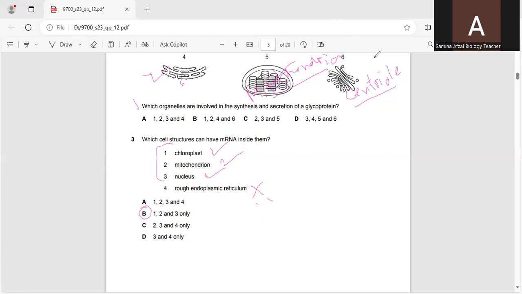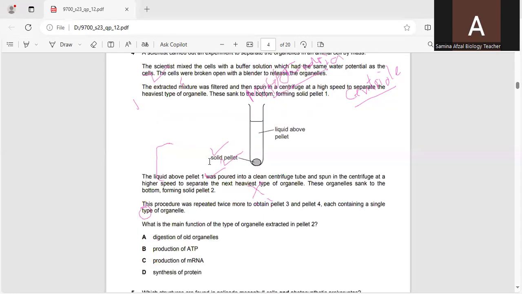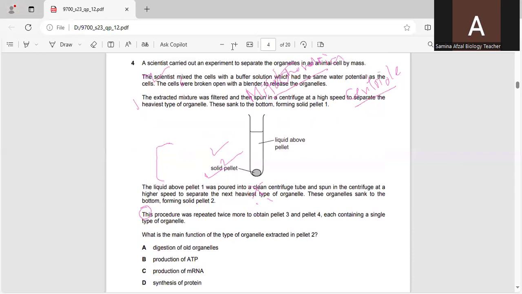Now I would like to move towards question number 4. You can see that there is a long description in the question: a scientist carried out an experiment to separate the organelles in an animal cell by mass.